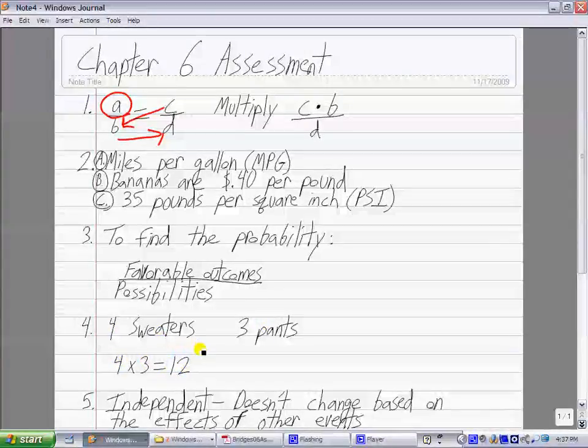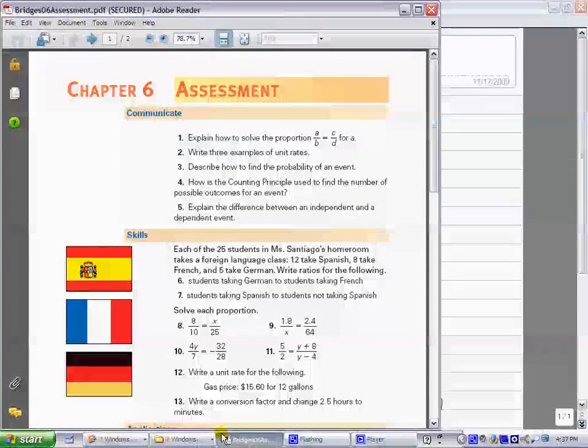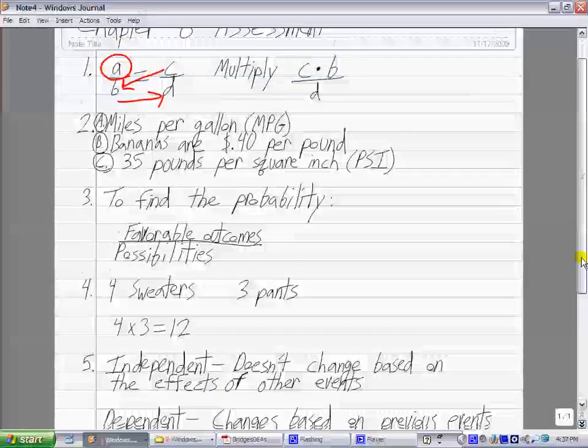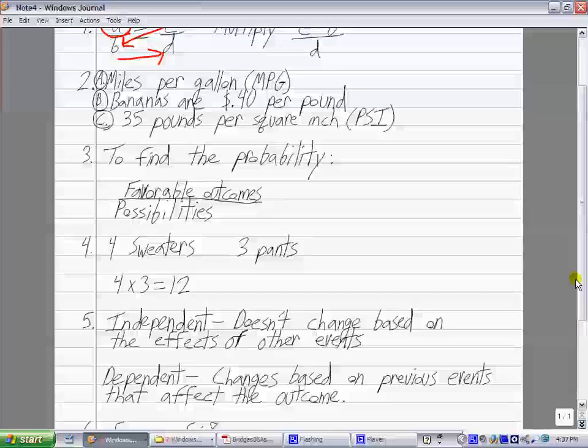Number 5 says, explain the difference between an independent and a dependent event. An independent event doesn't change based on the effects of other events. So for example, if I had a bag of marbles and I wanted to know the chance of drawing a green marble on the first draw, well, I would simply take the number of green marbles over the total number of marbles in the bag to figure out what my chance is of drawing a green marble.